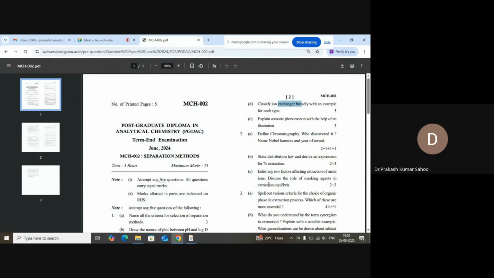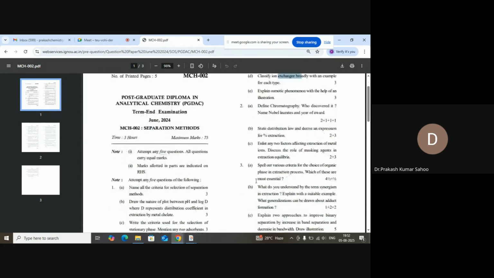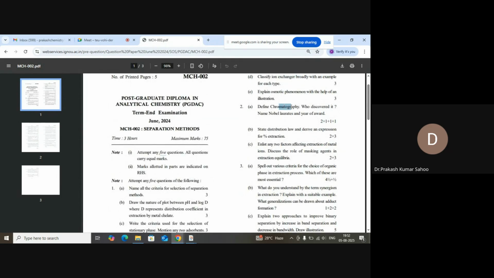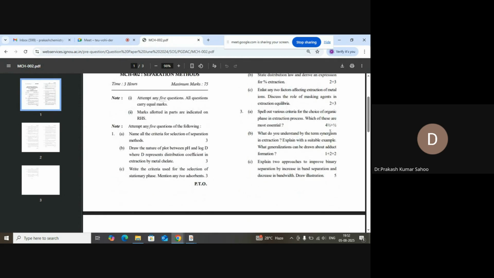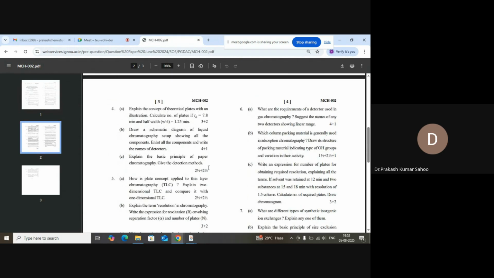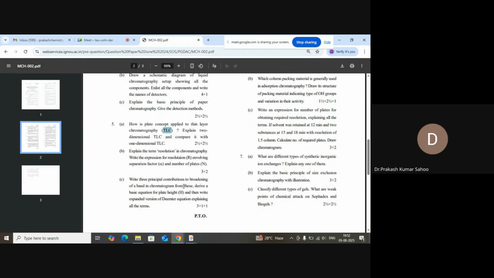Just see the question. The questions are like this: define chromatography, who discovered it, then the familiar equations are here, then concepts, details, and in the chromatography we have the resolution, number of plates.